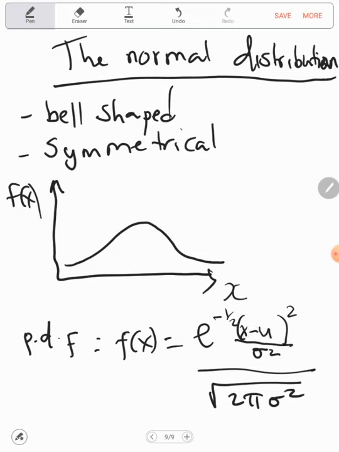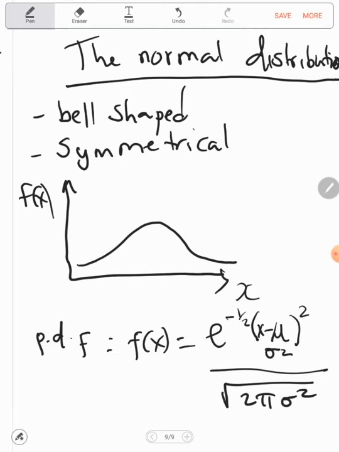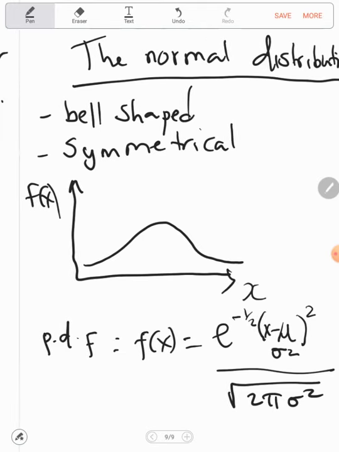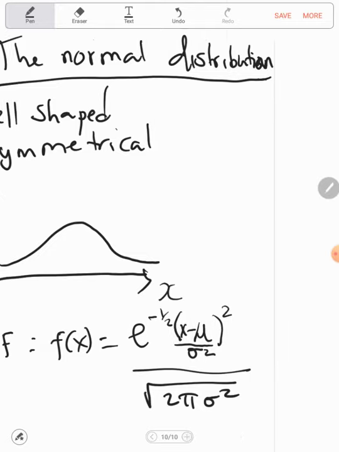So this is the formula of the PDF of the normal distribution, and this implies that to find the probability we have to integrate this function. This function doesn't look too good for you social scientists, but it is actually very easy to do.